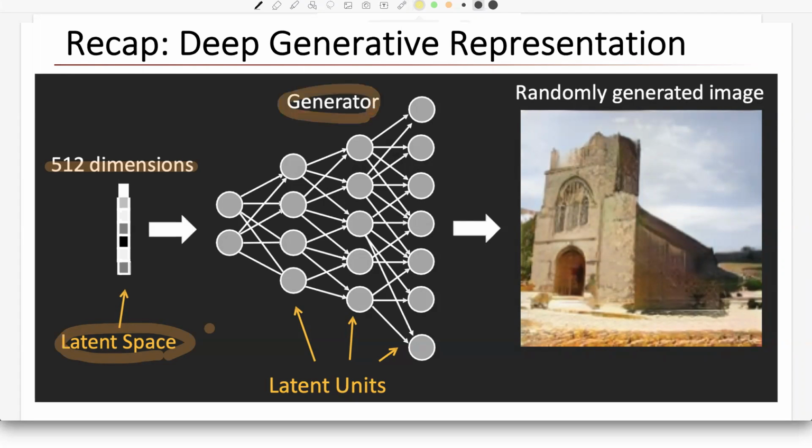We have a generator as a neural network or convolutional neural network, right? Of course, we already know this is the hidden node, hidden unit. Let's say this is a latent unit. Then we can generate a new image like this one. This is the formal definition of the deep generative representation as we discussed so far.